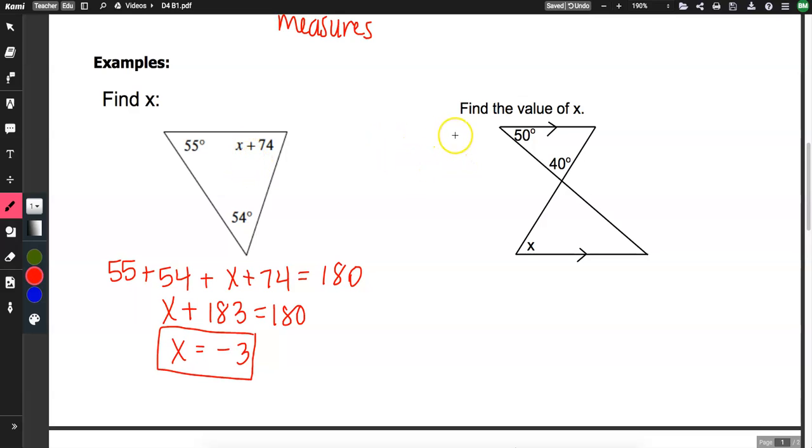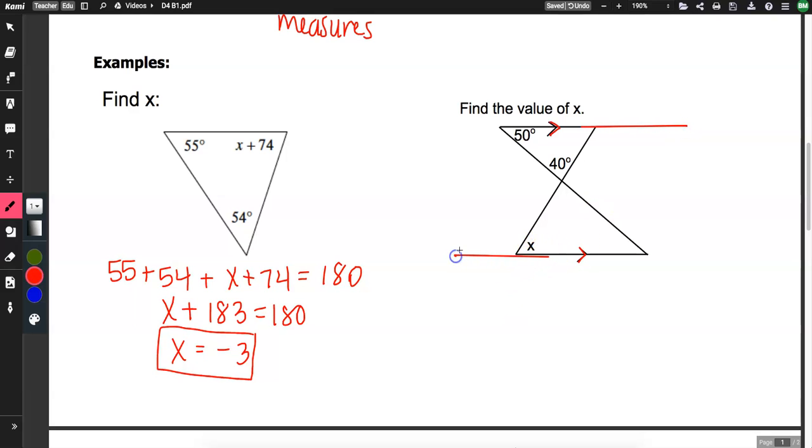Okay, so let's do another one. So now we're going to tie in a little bit more of what we know. I have these symbols here. This means parallel. So these 2 lines are parallel to each other. I'm solving for x. There are multiple ways to go about this, but I'll show you what I did. If you have parallel lines like this and they're kind of short or they end at the transversal, it might be helpful to kind of extend it out.